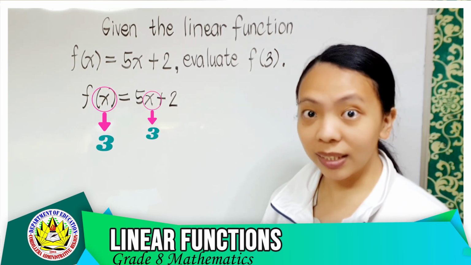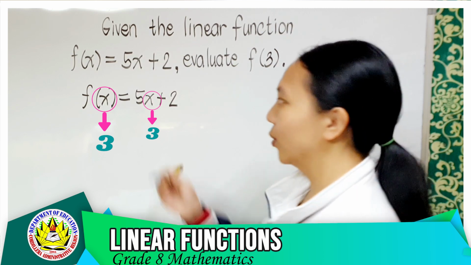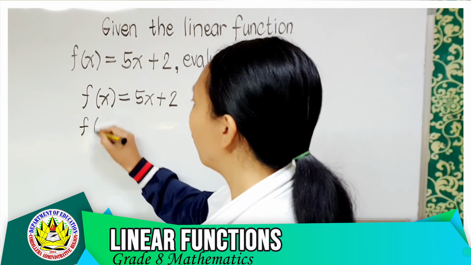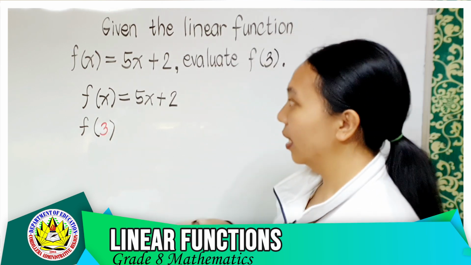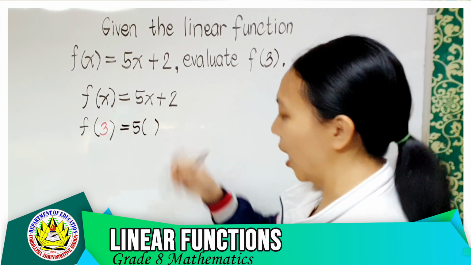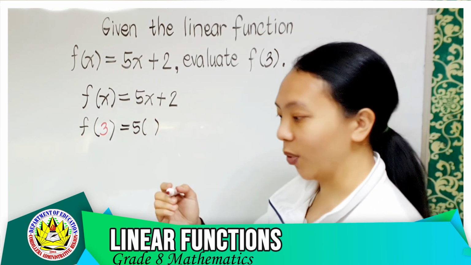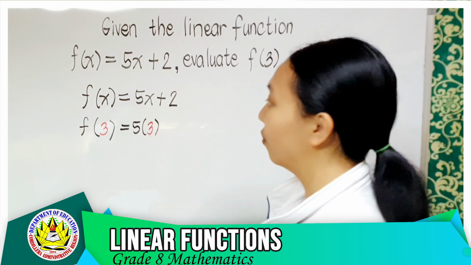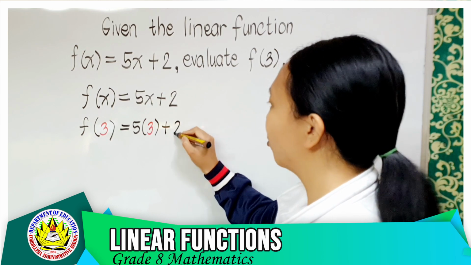Every x will be replaced with 3. So we have here f of 3 is equal to 5 times, we change x to 3. So we have 5 times 3 and add 2.